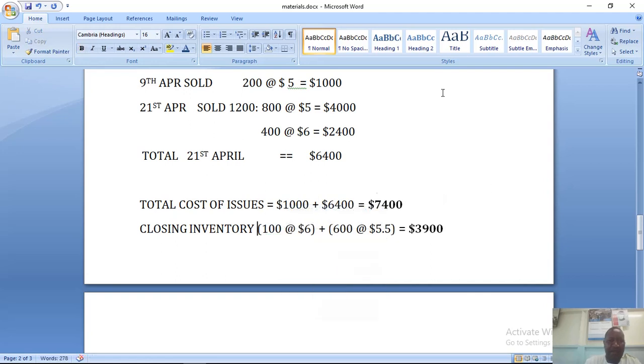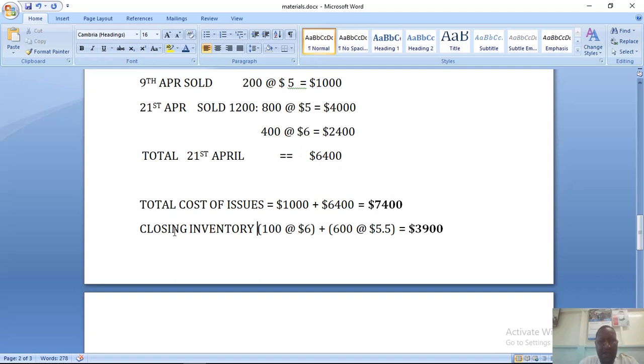So there we are. The total cost of issue: 1,000 for the issues made on the 9th of April, plus 6,400 in total for the issues made on the 21st of April, and that gives us a grand total of 7,400.